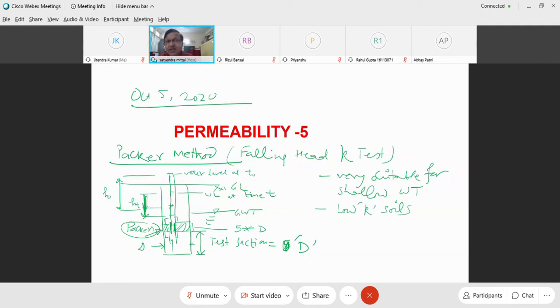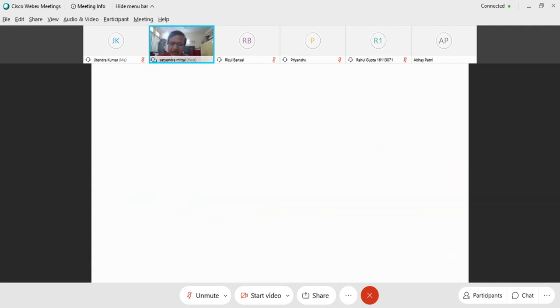As I explained last time also, initially it takes some time to arrive at the steady state conditions. But once the steady state conditions are arrived, your borehole is ready for the test. Then you take 5, 6 readings and note them down in a tabular form, and then the interpretation is done.